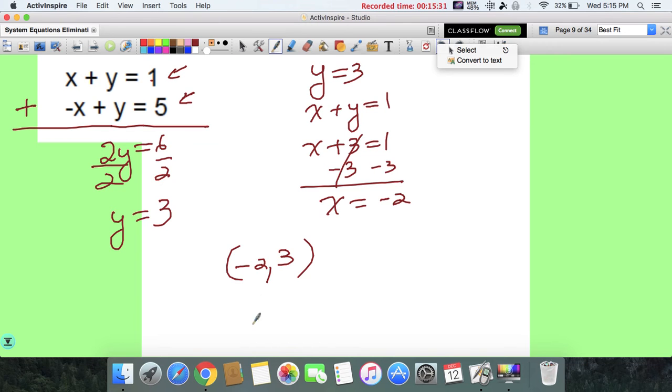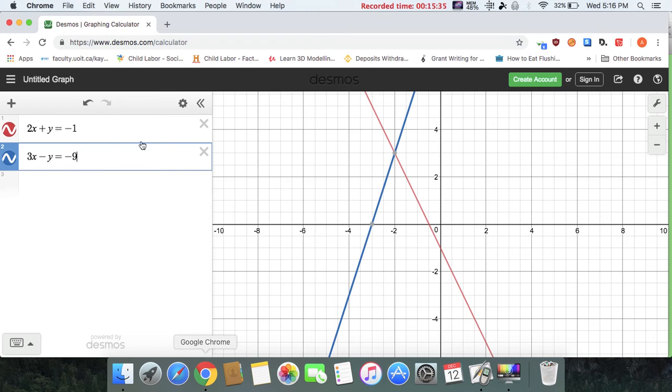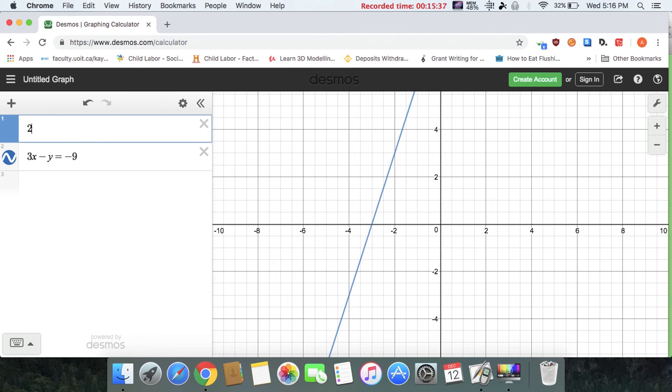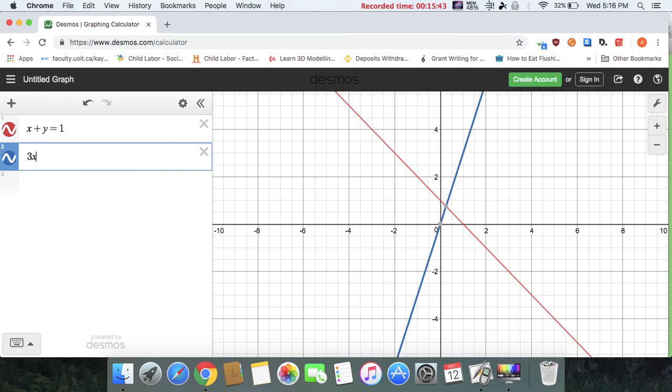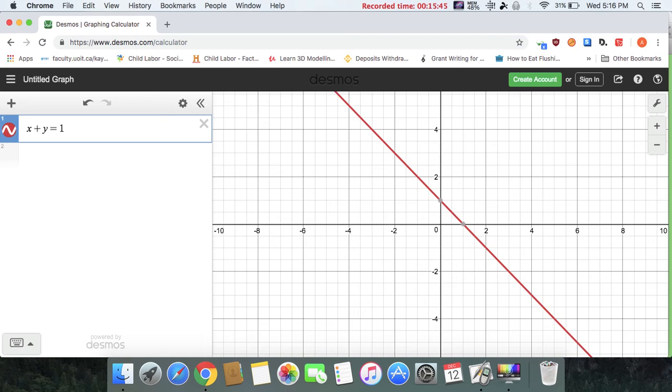So again, let me go back to Desmos. Let me graph that first equation, which is x plus y equals 1. That's what the line will look like. Okay, and then I'm going to enter the second one, which is negative x plus y equals 5.